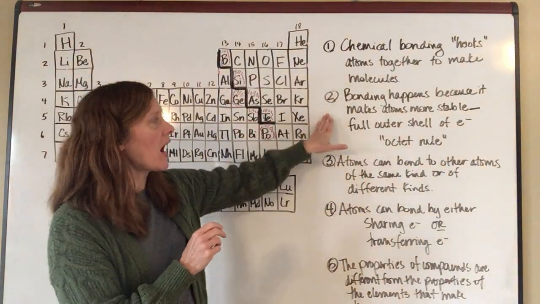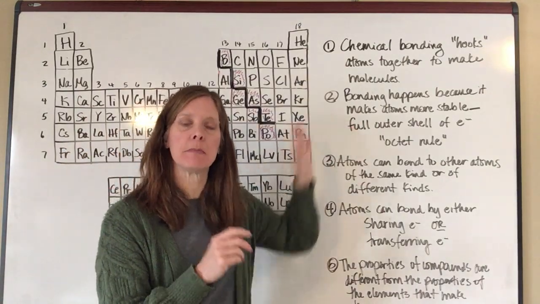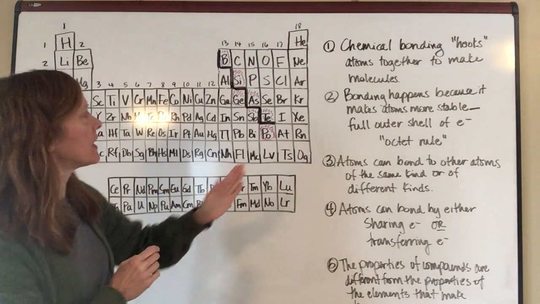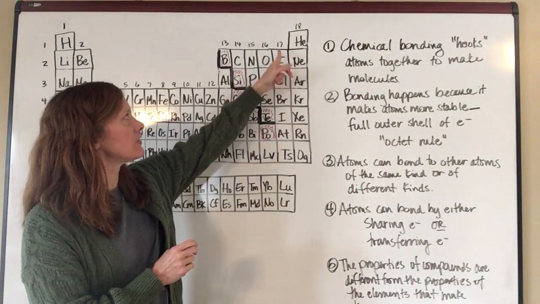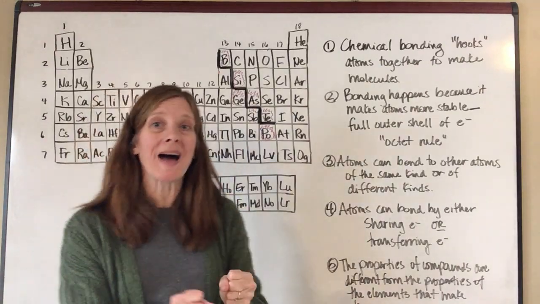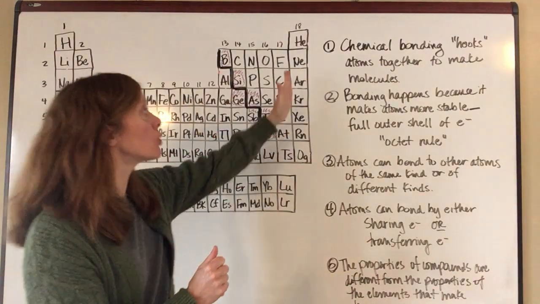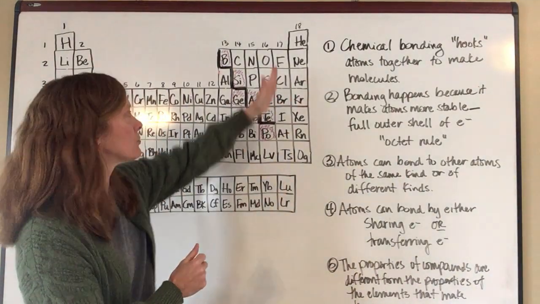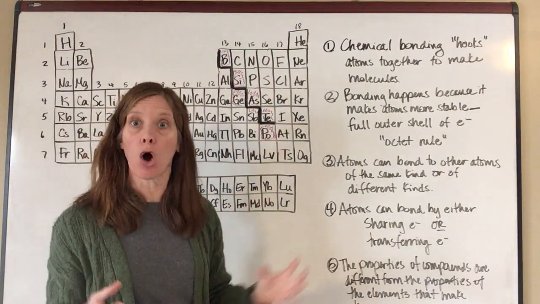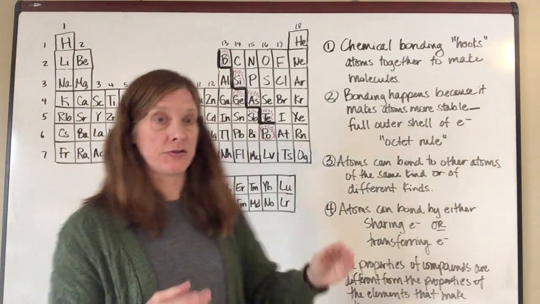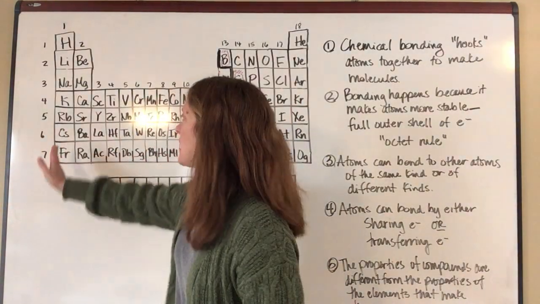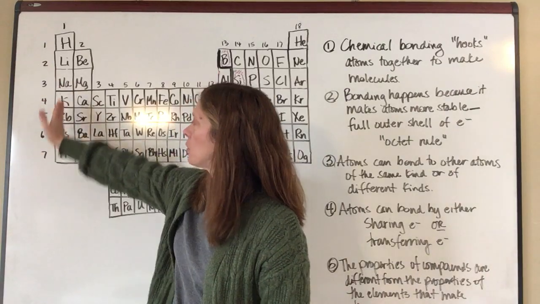Secondly, bonding happens because it makes atoms more stable. If you recall, I said that anything in group 17 really wants another electron so it can look like a noble gas. And so these guys are very reactive. They're not very stable because they're so unhappy with who they are that they want another electron so they can look like a noble gas. Same thing is true of this first column over here.